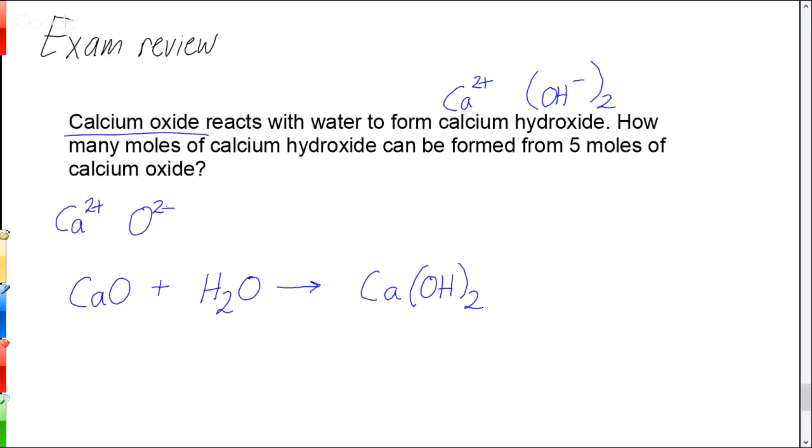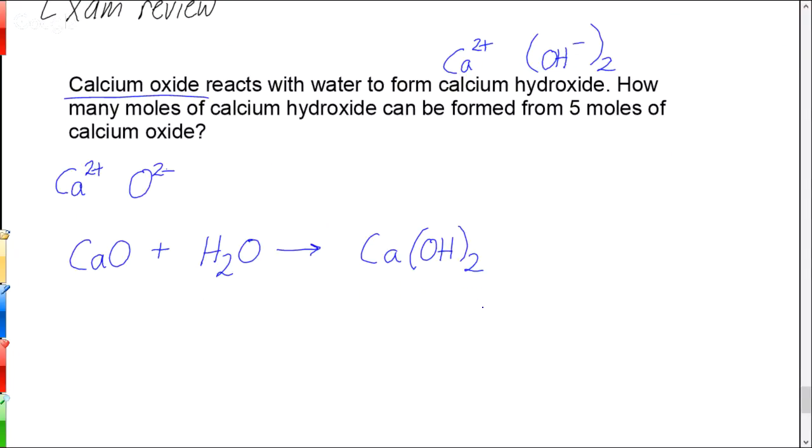And now we can start balancing. For this one, I think it just is balanced, right? Okay, great. If you put any subscript number, you should put the parentheses, unless there's only one of them. So this is balanced as is, so that was easy.